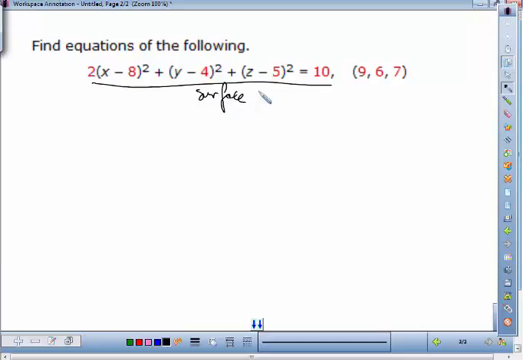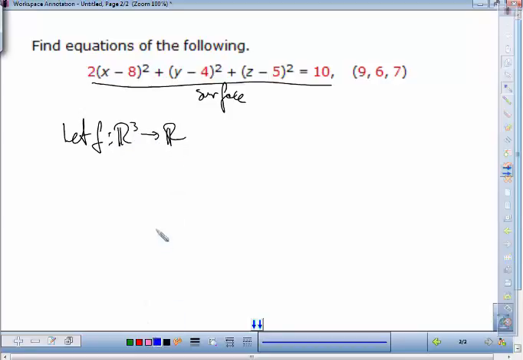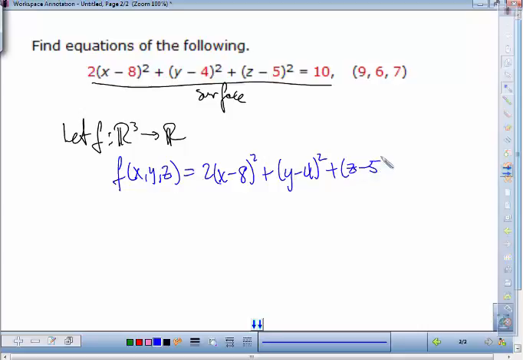What we're going to do, though, is take this another dimension and pretend that this is a function of 3 variables. Let f be a function of 3 variables from R3 to R, and define f of x, y, z to be equal to this whole thing. Notice I didn't put equals 10, because right now I'm looking at it as a function.